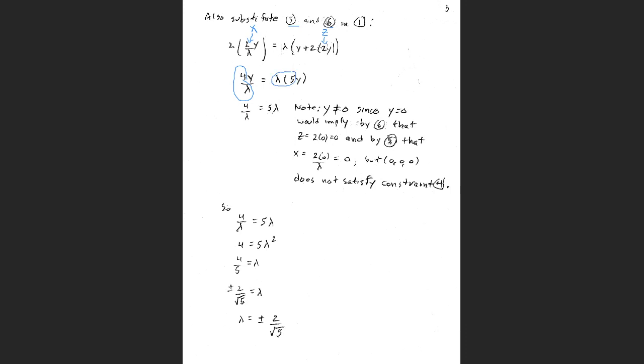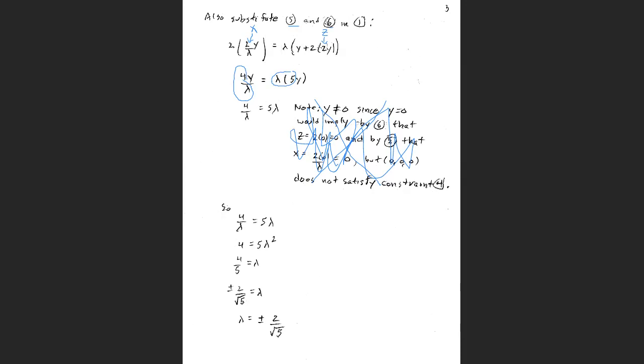And by the way, I want to be careful here. Actually, this comment where I say y can't equal 0, I don't need to worry about, because I didn't divide by y at all. So you can ignore that comment.